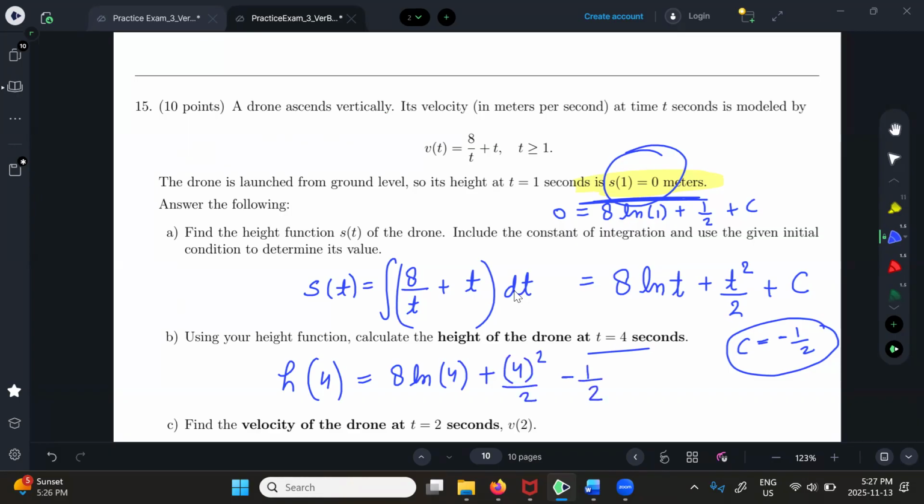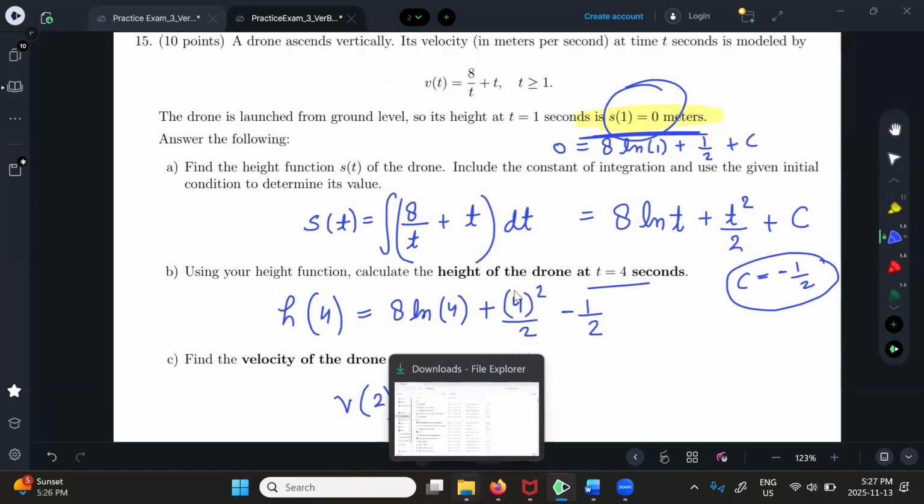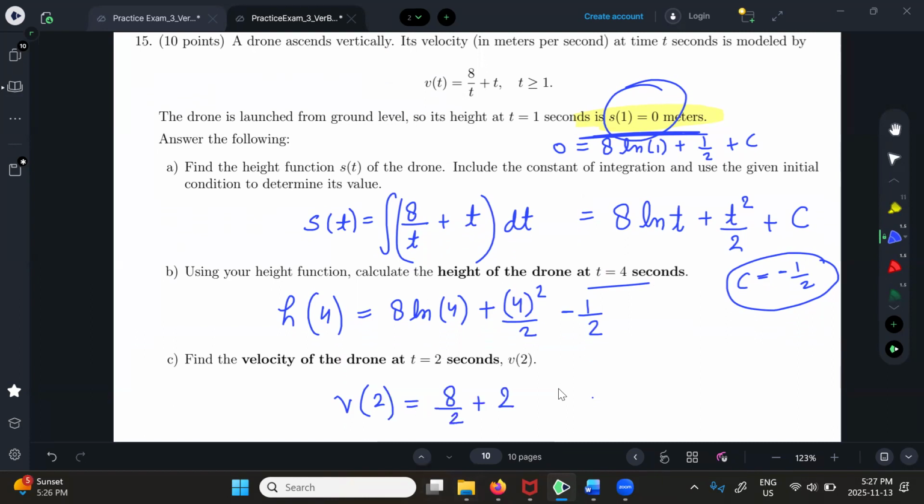That's the height, right? This is the velocity. Velocity is 2 means just plug it into the velocity function, right? And the units, you have to be careful. Units are all in my solutions that I've posted on the website, okay?